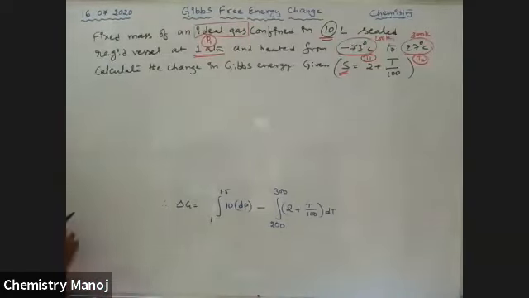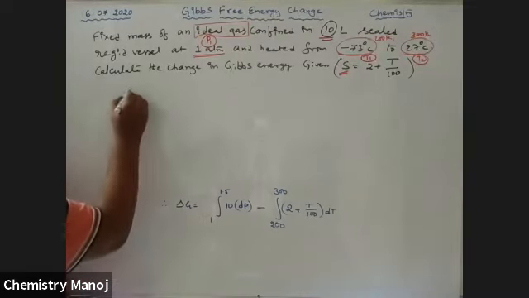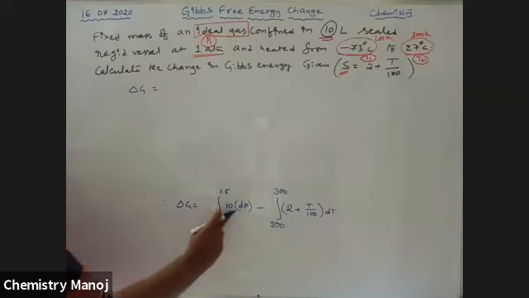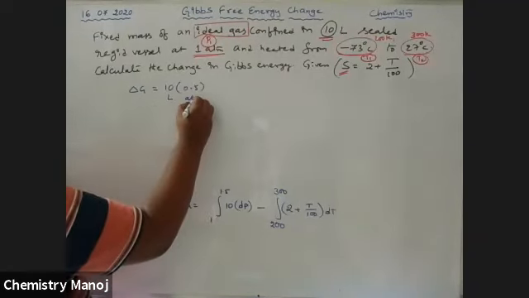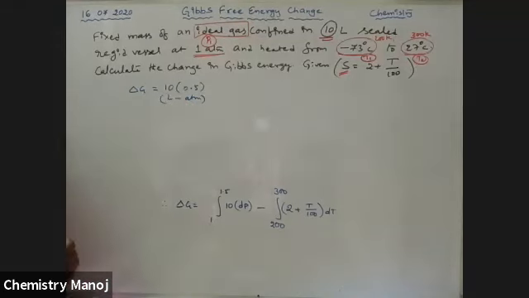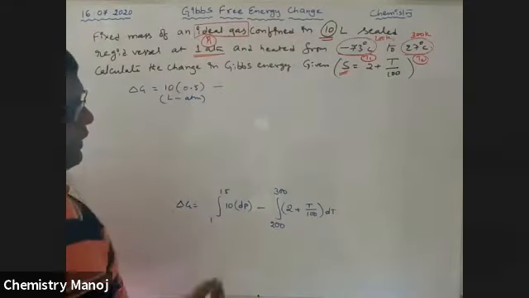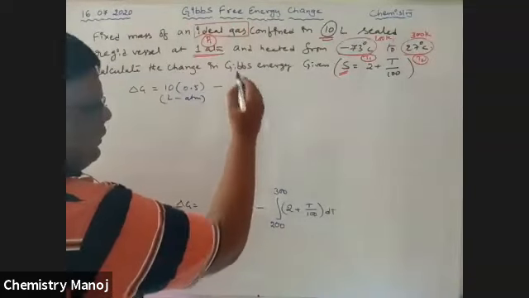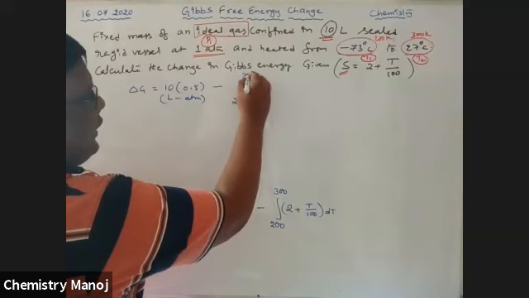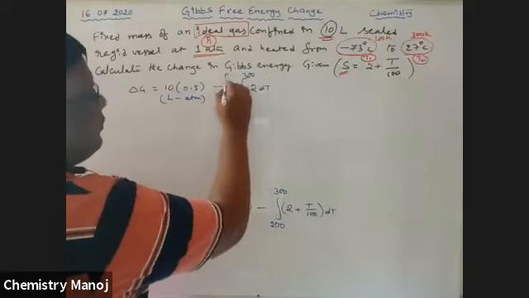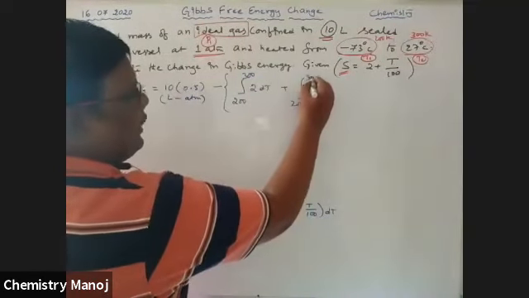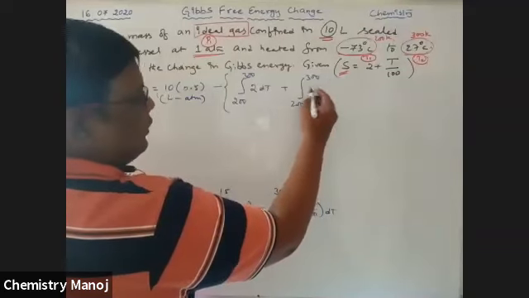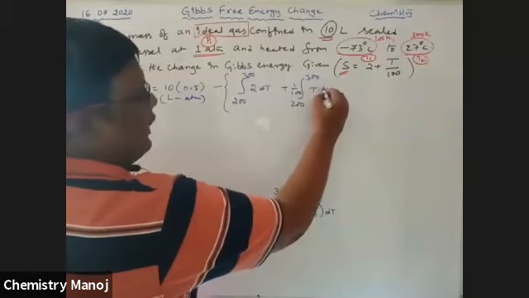Okay, see here, I'm doing it. So delta Z is equal to 10 into dP, P2 minus P1, that is 0.5. So it is in liter atmosphere, my dear boys. A liter atmosphere is the value, but we need it in joules, minus the integral from 200 to 300 of 2 into dT plus the integral from 200 to 300 of 1 by 100 T into dT.